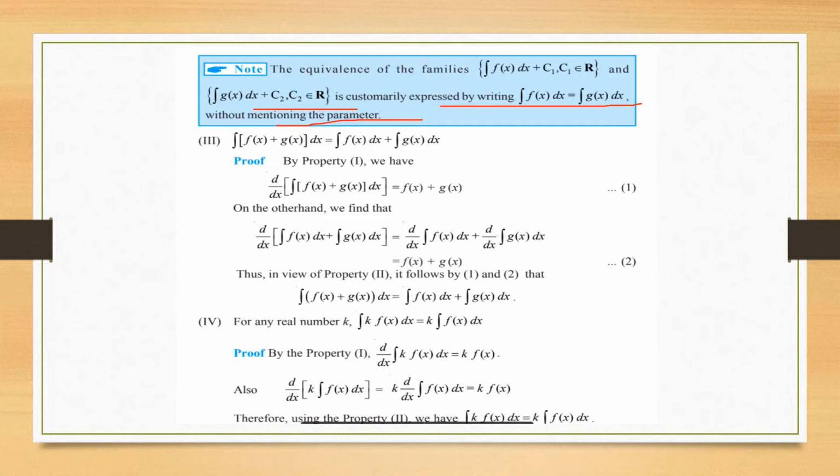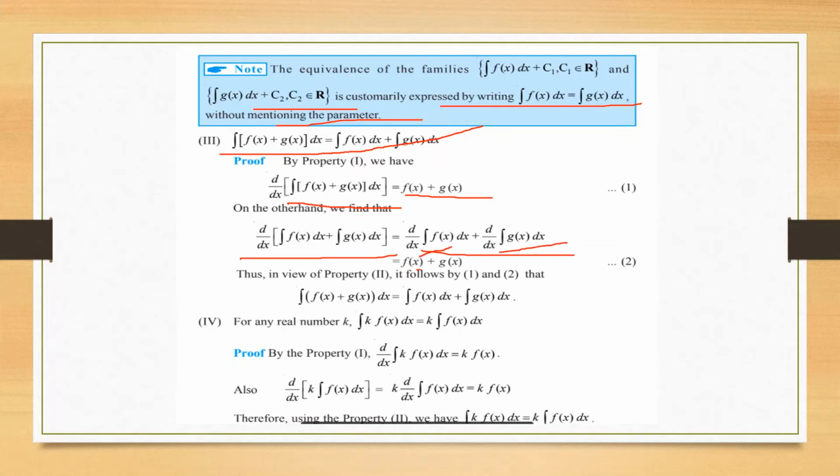Number 3: integral of f(x) plus g(x) dx is equal to integral f(x) dx plus integral g(x) dx, meaning you can separately take their integrals as we can do in derivatives. By property 1, d/dx of f(x) plus g(x) equals f(x) plus g(x), and d/dx of integral f(x) plus integral g(x) is equal to d/dx of integral f(x) plus d/dx of integral g(x), which is equal to f(x) plus g(x).